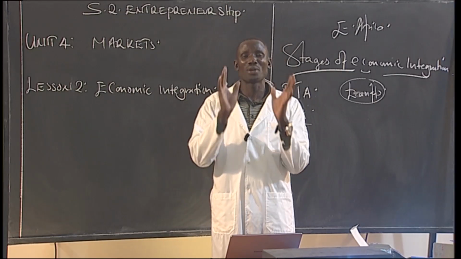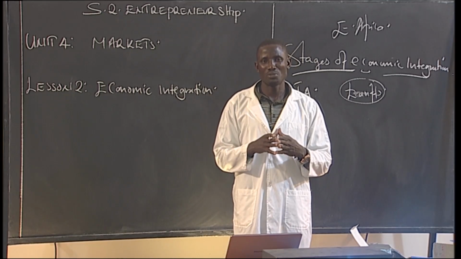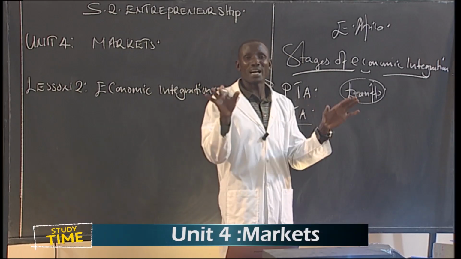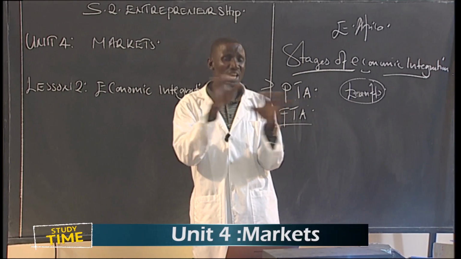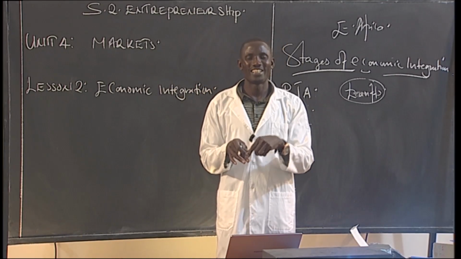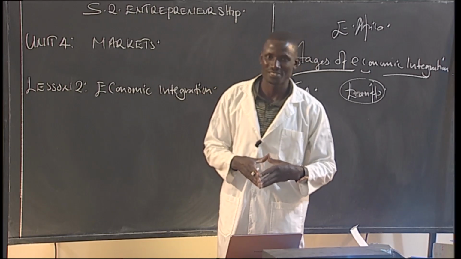Taxes, depending on what they agreed upon. Are we together? But in this free trade area, member countries don't pay any coin. But other countries which are not members pay what? Taxes. Are we together, students?